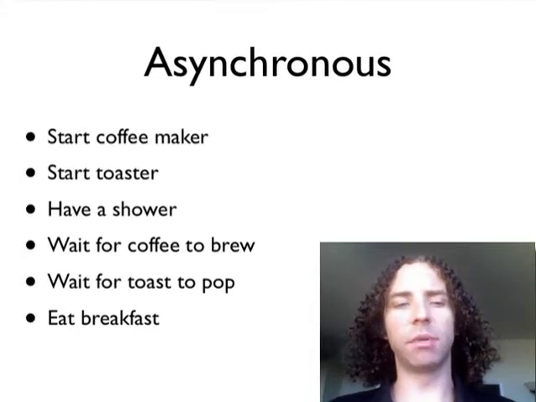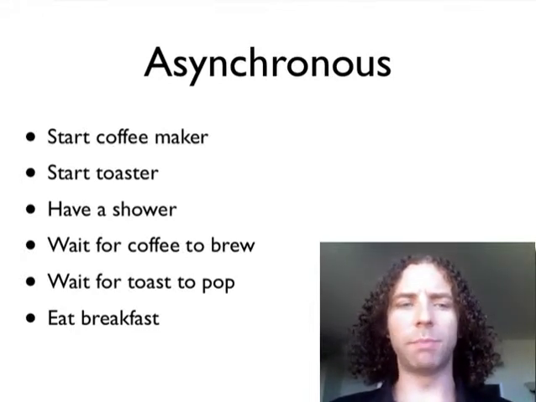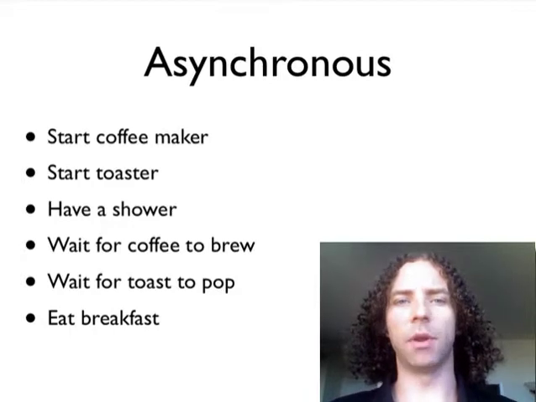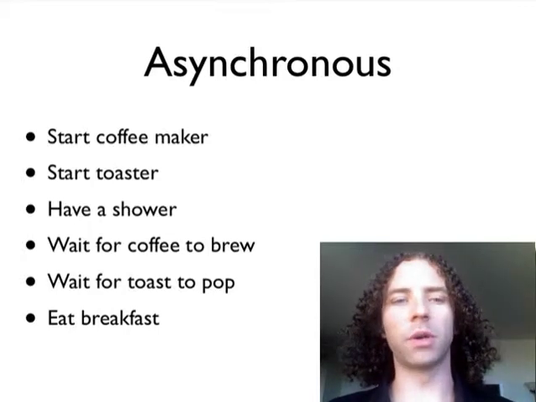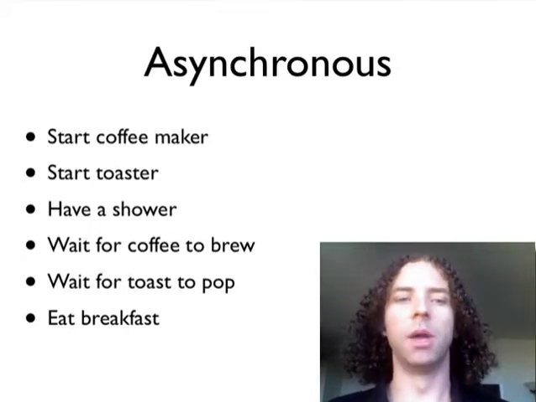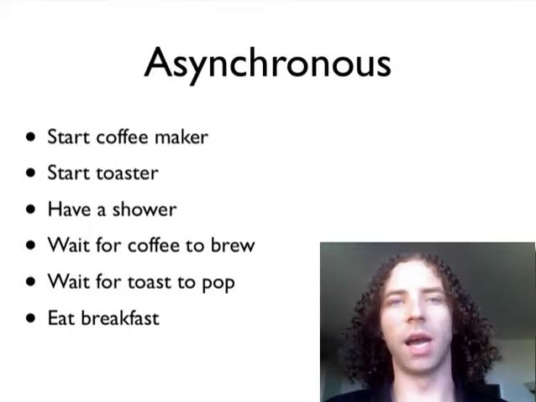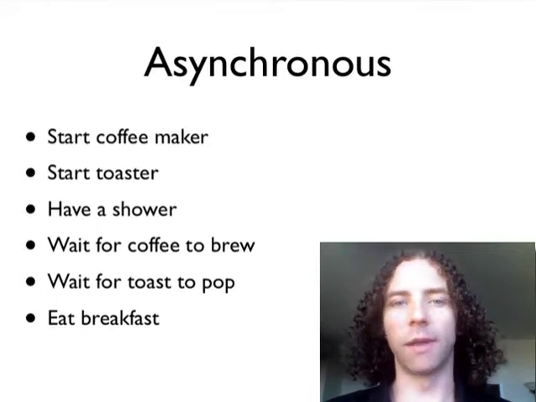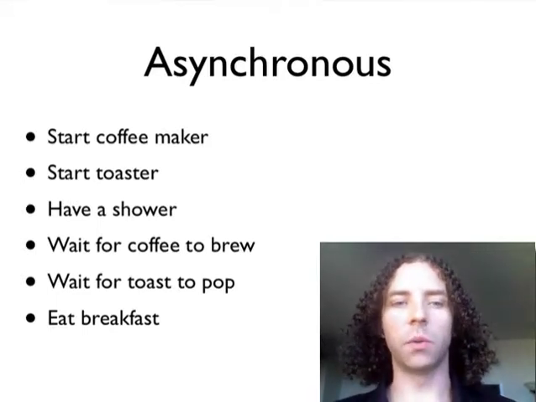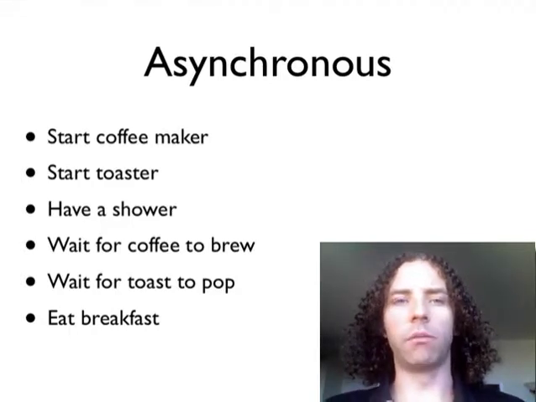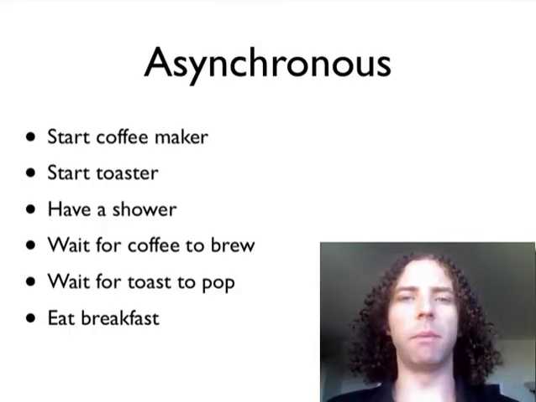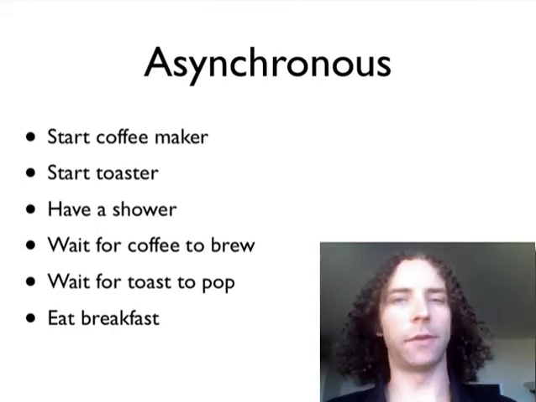You can see this example is better because we're not spending as much time waiting for things to happen while there's something else we could be doing. So it works fairly well. Now the problem, of course, is some of these things still do take some time. Starting the coffee maker takes some time. You have to put everything together, get filters out, things like that. So there are still some things that we have to do, and it seems like wouldn't it be better if we could somehow not have to do that work?